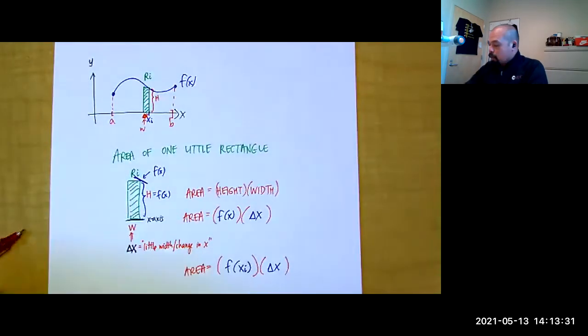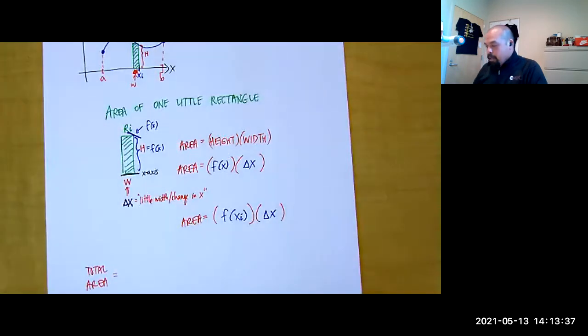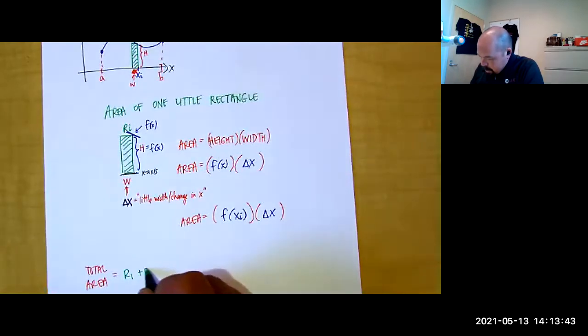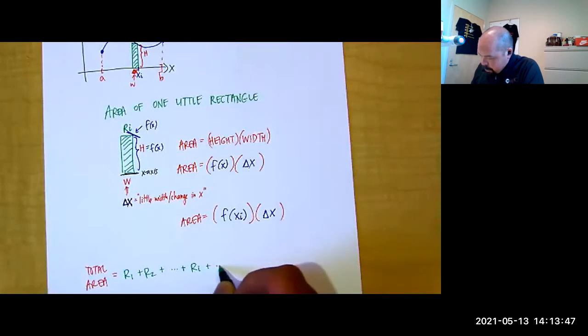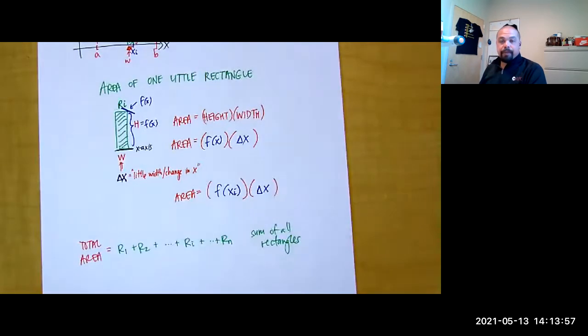So in total, is going to be, right, the sum of all of those rectangles that we're using to fill that region.